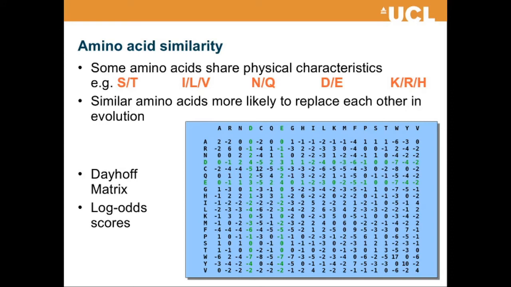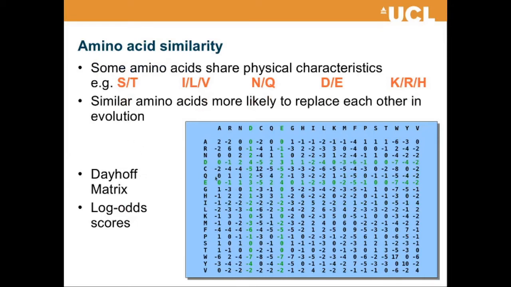Now this is the Dayhoff matrix, and you can see here that we have scores ranging from some negative numbers like -4, -6 and so on, up to positive numbers like 12 in this case for cysteine, converting to, in other words, being conserved as a cysteine.